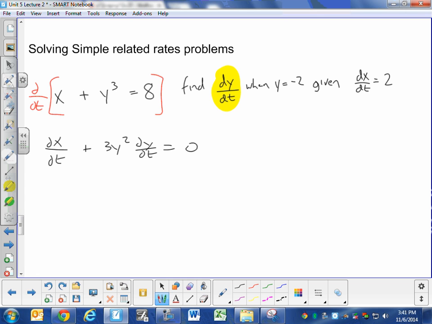Now I need to figure out what it is when y is -2 and when dx dt is 2. Well, plug this information in to dx dt and y. -2 goes in for y, 2 goes in for dx dt, and we'll be able to solve for dy dt.